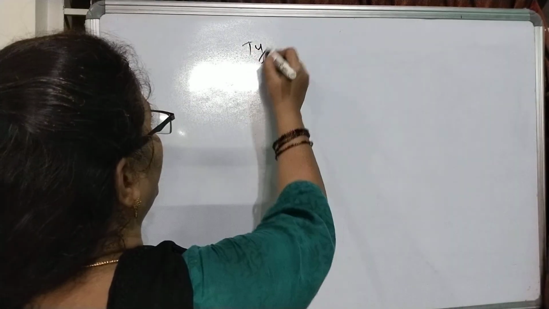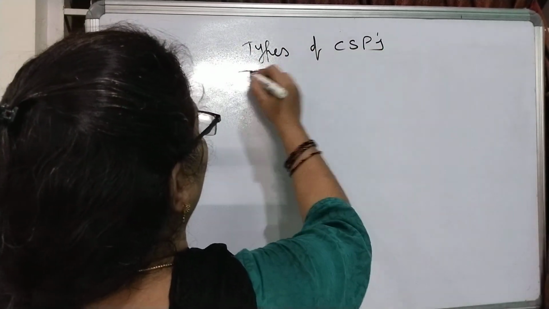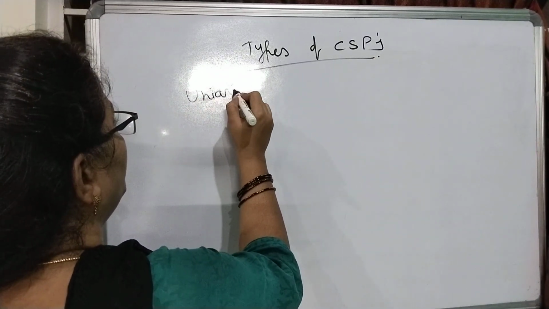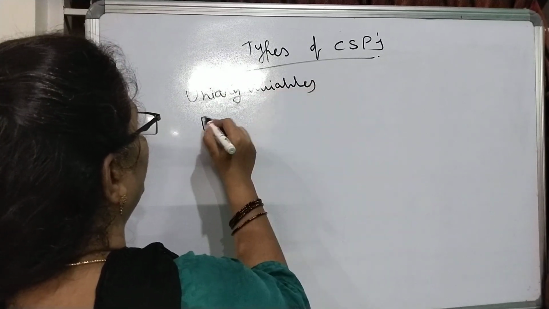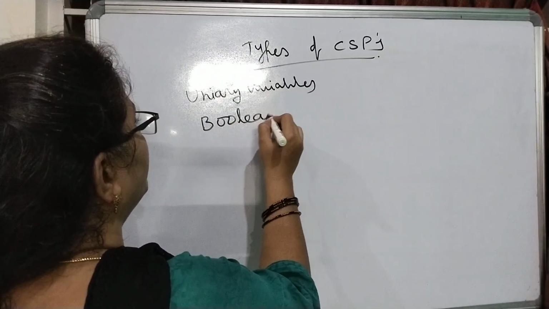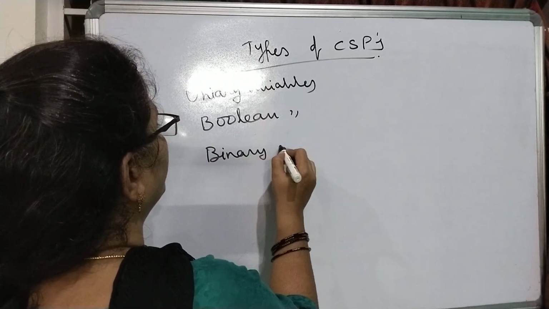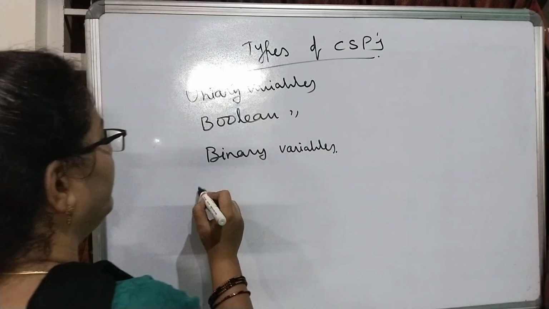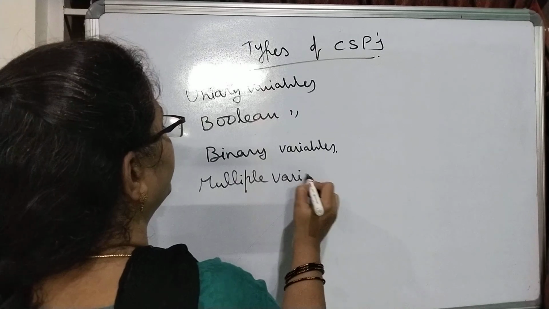Okay, so types of CSPs. Here we have unary variables, Boolean variables, binary variables and multiple variables.